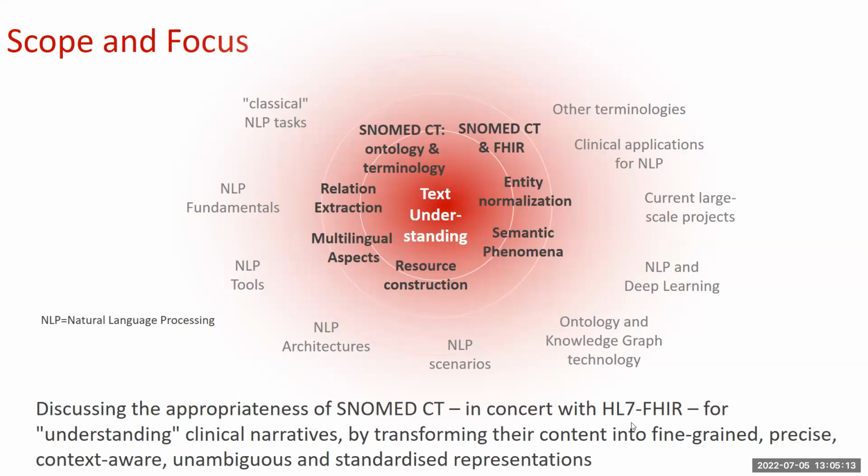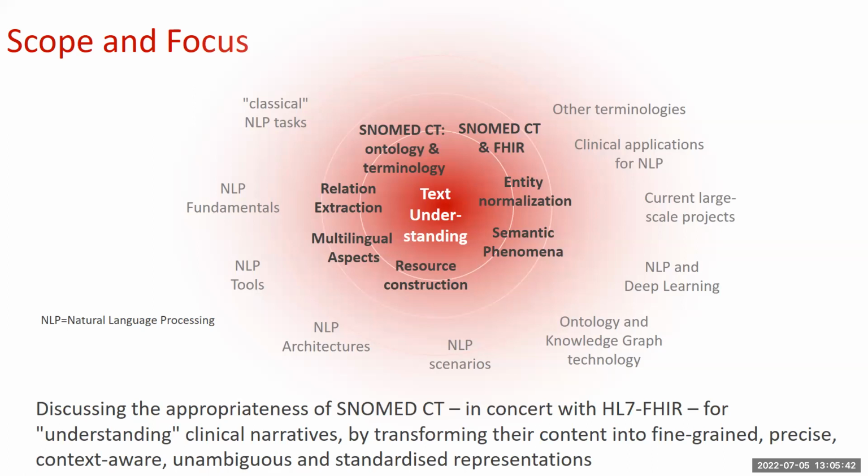So that means that I'm trying to address and discuss the appropriateness of SNOMED CT, and not SNOMED CT alone, but mostly in concert with HL7 FHIR as an information model, for understanding clinical narratives by transforming their content into fine-grained, precise, context-aware, unambiguous, and standardized representations.